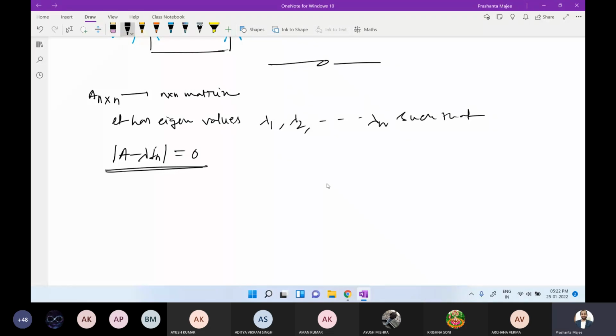That is why I am saying, suppose it has eigenvalues lambda 1, lambda 2 up to lambda n, such that we have arranged them in decreasing order.